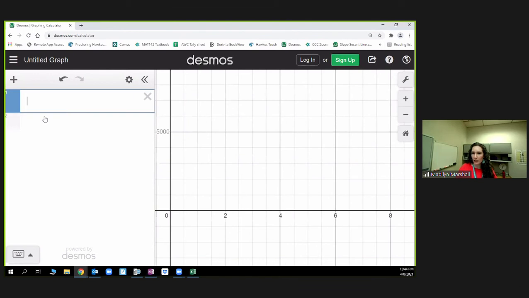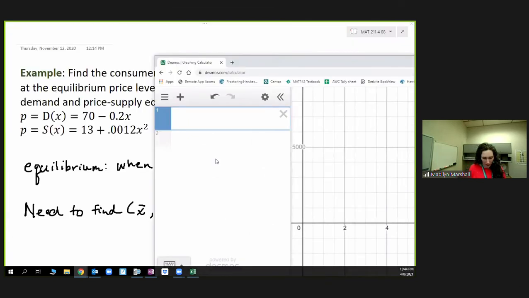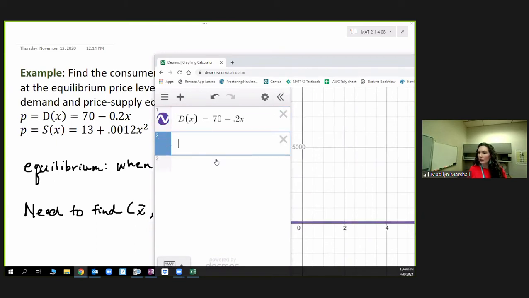So let's graph those two equations. So our demand equation, demand equals 70 minus 0.2x. And our supply.